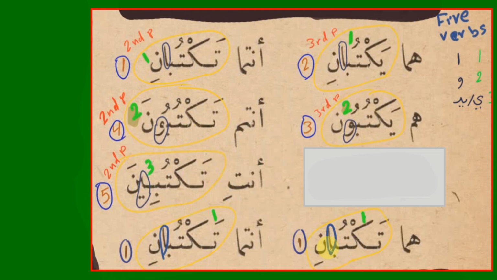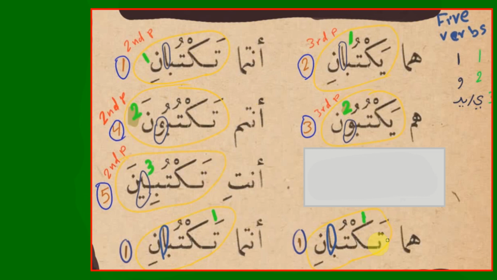Here notice this is the same thing. تكتبان, أنتما, you both تكتبان. هما تكتبان, both girls are writing. Here أنتما تكتبان for the feminine and the masculine. That's second person. Notice it's the same for the second person. هما تكتبان for the third person feminine.